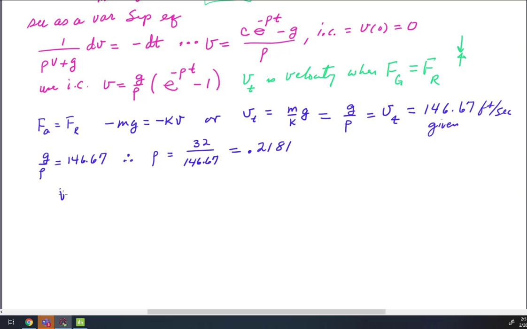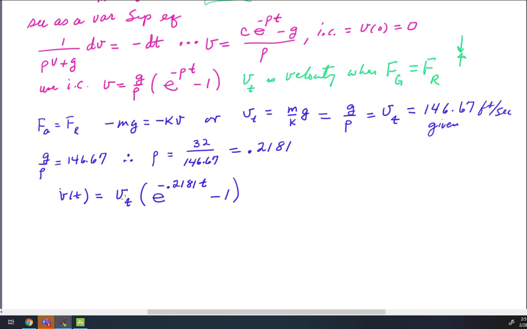v of t, the velocity, is equal to the terminal velocity, e to the negative 0.2181 t, minus 1, using a relationship from the previous page.